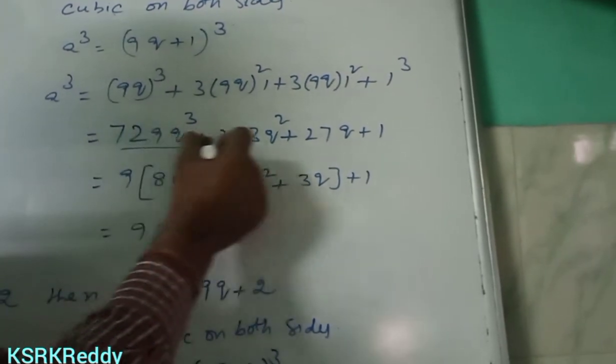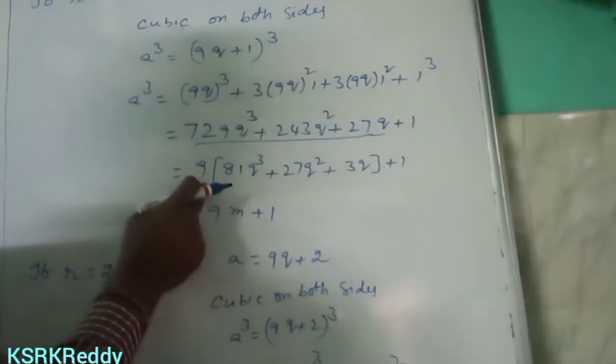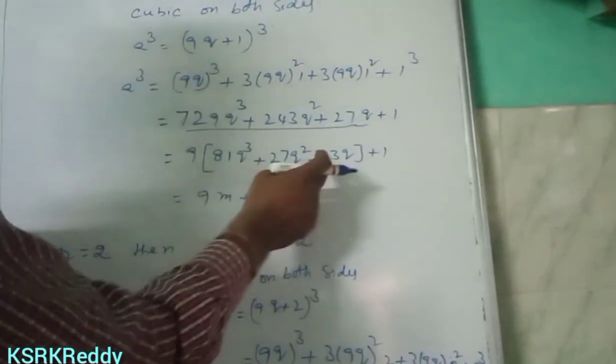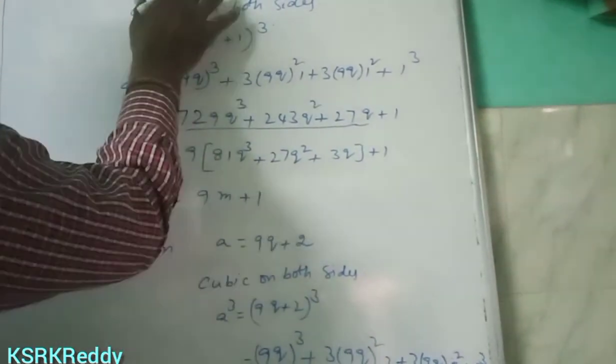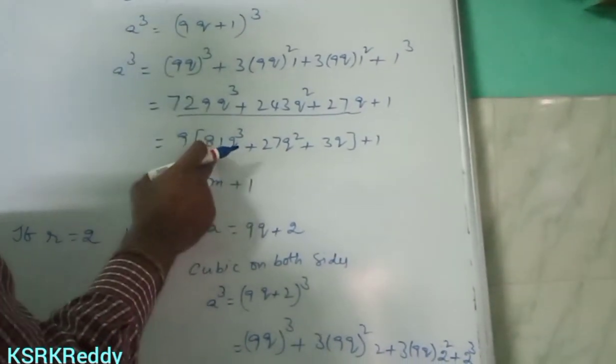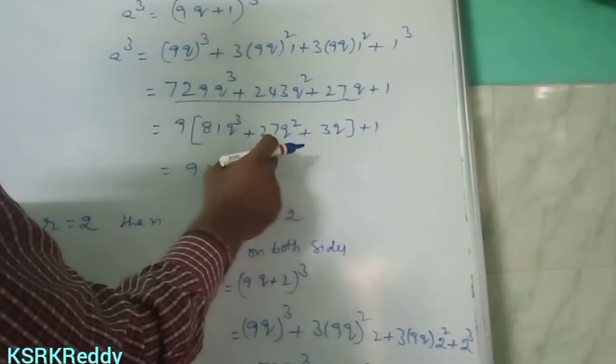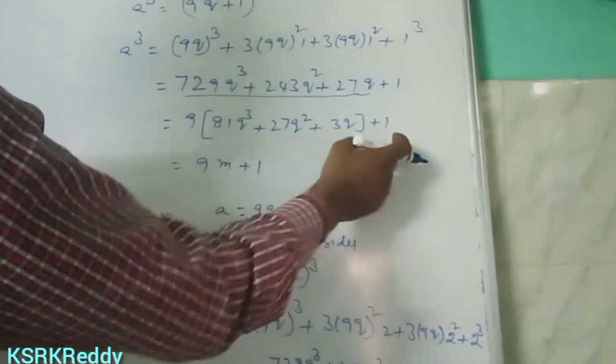So here in the first 3 terms the common value is 9. Remaining q is also common, but write it in the form of 9 times (81 q cube plus 27 q square plus 3q) plus 1.